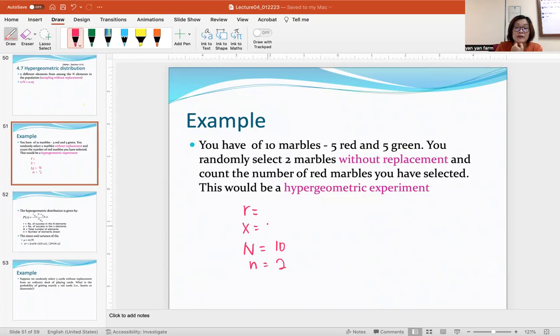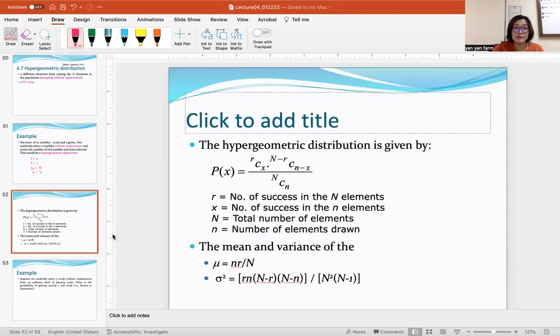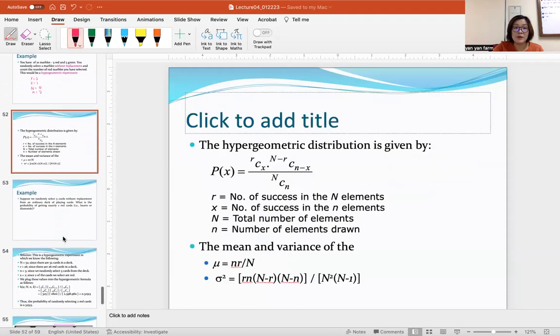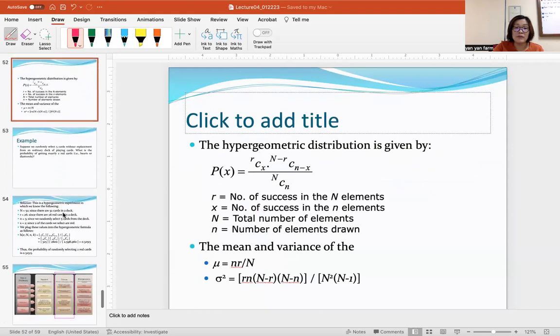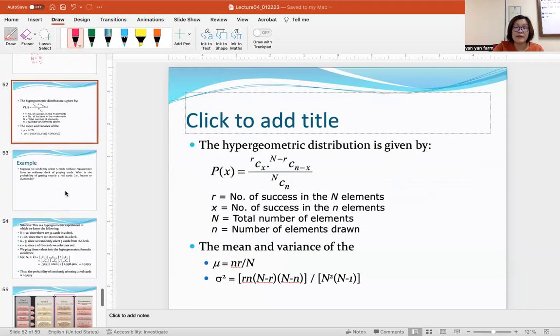Among this, I would like to have 2 marbles, and from the 2 marbles, I get x equals 1. Okay, is that okay? It's quite confusing in this part, quite challenging now. So never mind, we have a look at the example, and then we move to the other one.